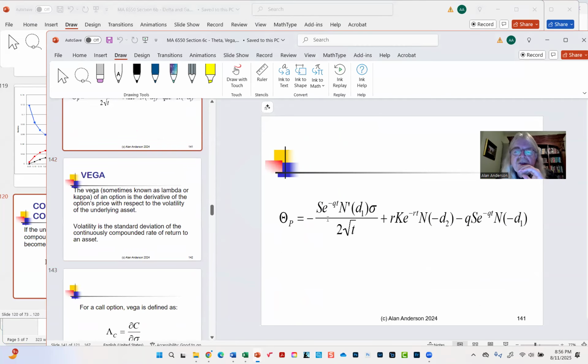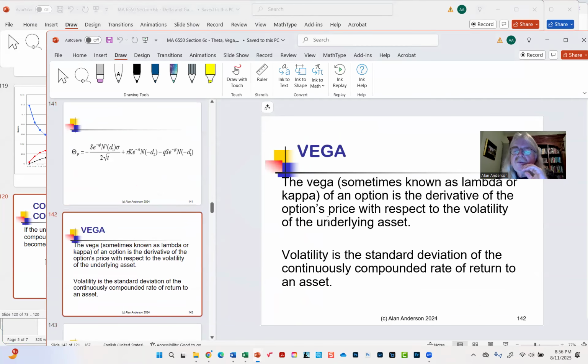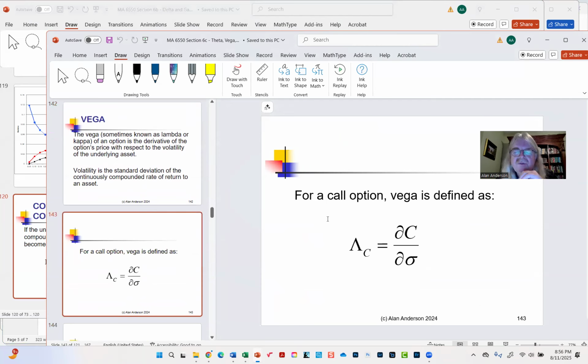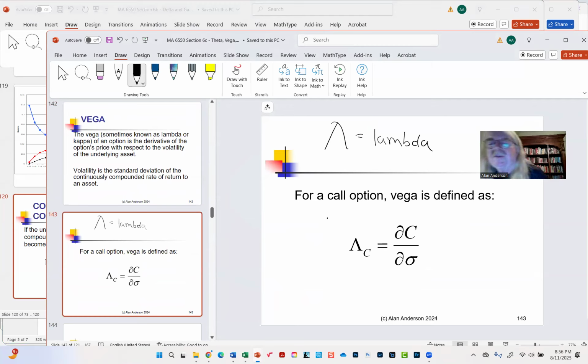And so often we use, instead, the only other Greek letters that usually you see here, like this is actually lambda. Some books use lambda to represent the vega because of course there is no corresponding Greek letter. And some books use kappa, so that there is a symbol there.